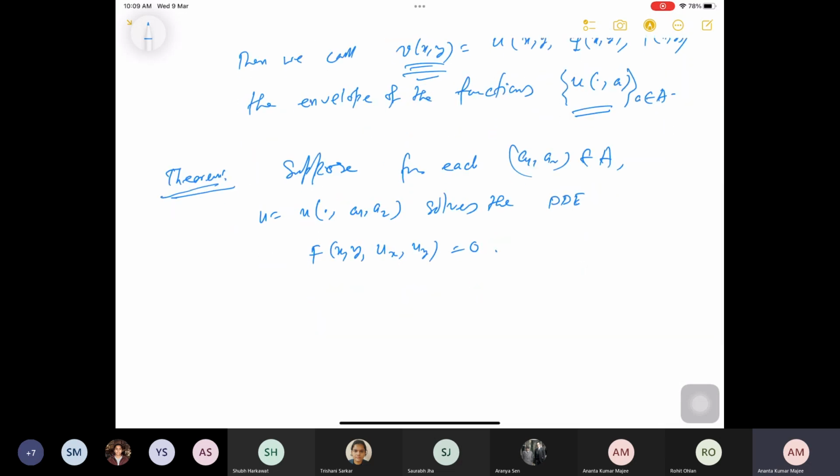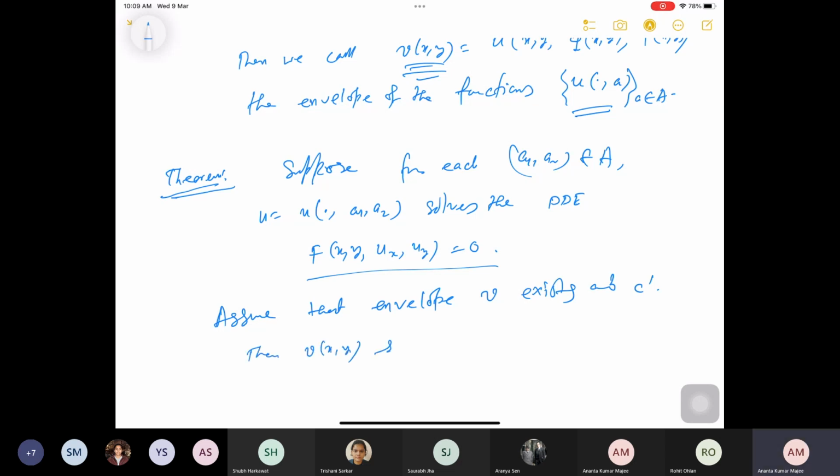Now assume that the envelope v, which is defined above, exists and is C1. Then the claim is that this envelope v also satisfies my first order nonlinear PDE.